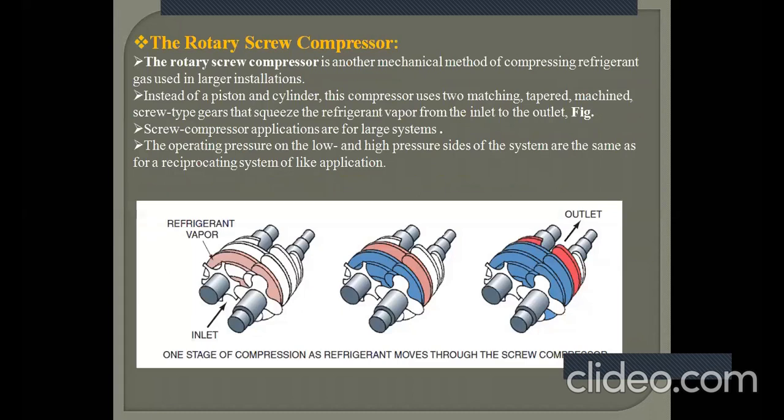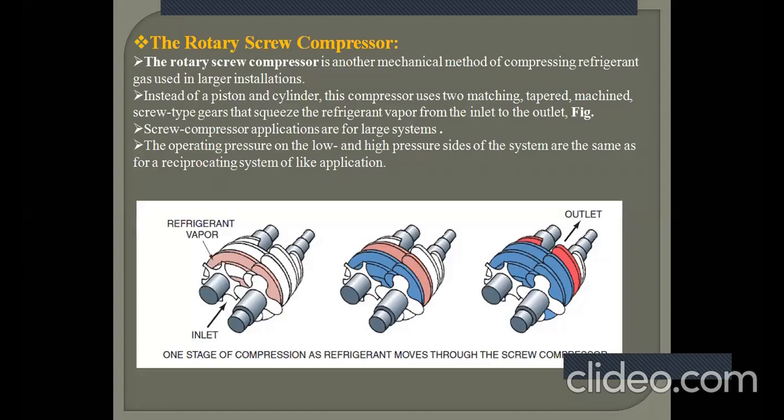Next type of positive displacement compressor is the rotary screw compressor. This rotary screw compressor is another mechanical method for compressing the refrigerant. It is used in large installations, and instead of a piston and cylinder, this compressor uses two matching tapered machine screws, as you can see in this diagram. One is called the male screw and one the female screw, and they rotate.